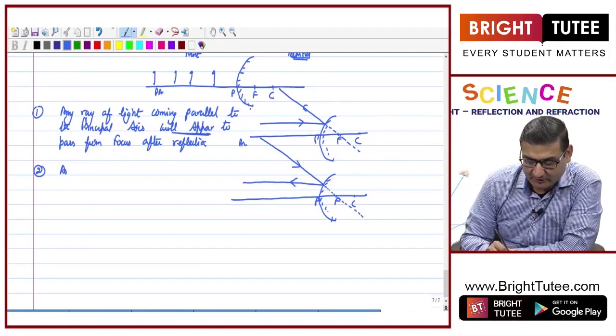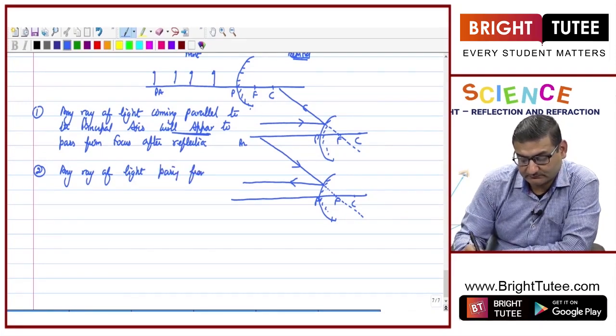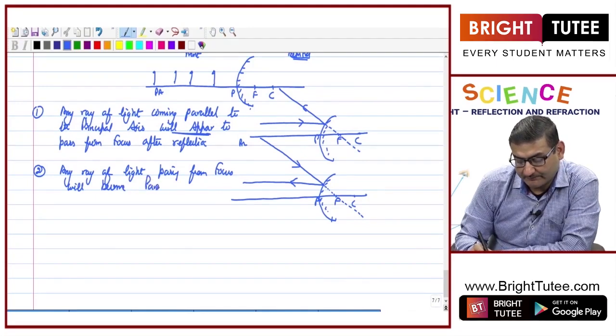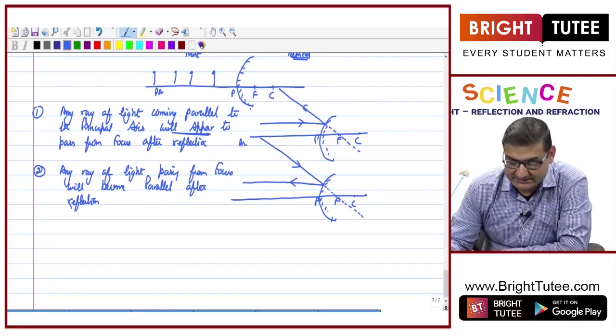So, any ray of light passing through the focus will become parallel after reflection, parallel to the principal axis, of course. Fine, this was the second rule.